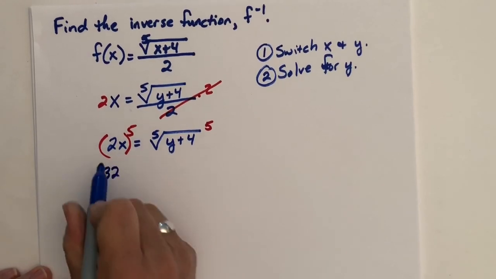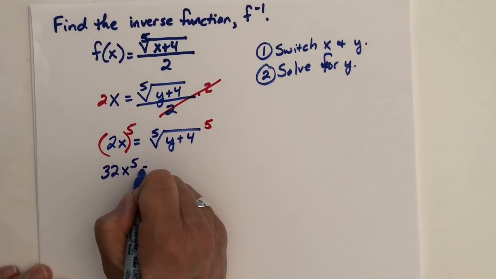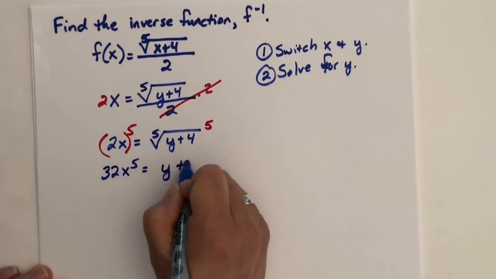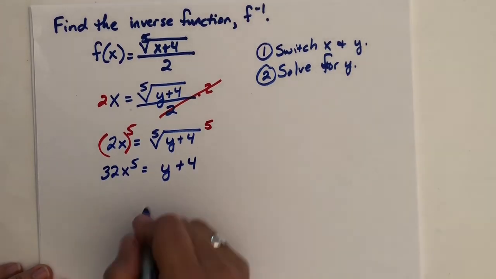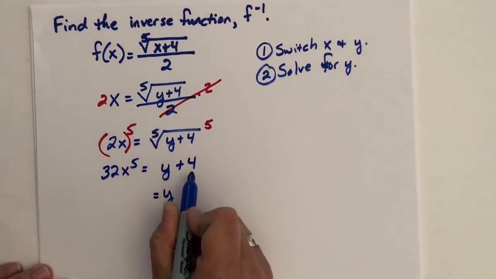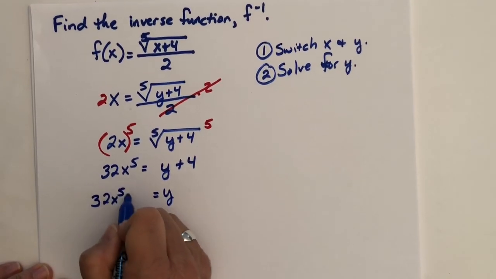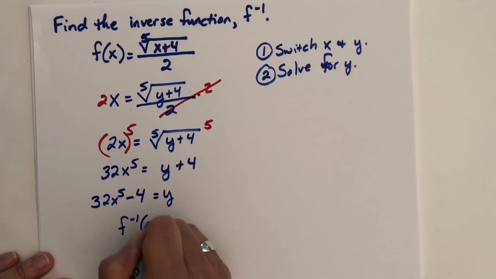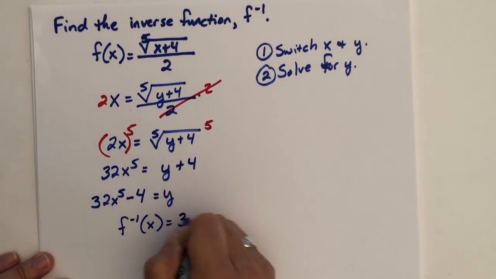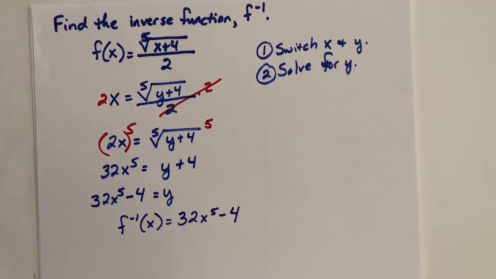Don't forget that 2 gets raised to the 5th power as well. 32x to the 5th equals y plus 4. And y equals, let's subtract the 4, 32x to the 5th minus 4. So f inverse of x equals 32x to the 5th minus 4.